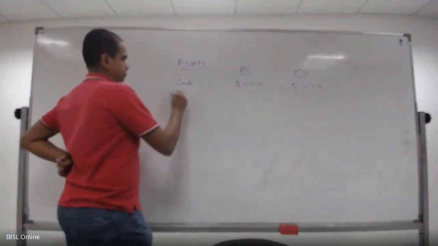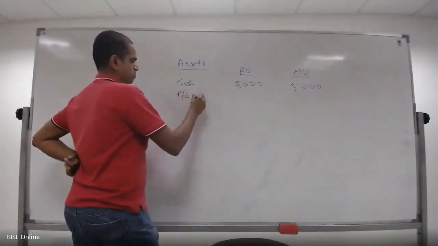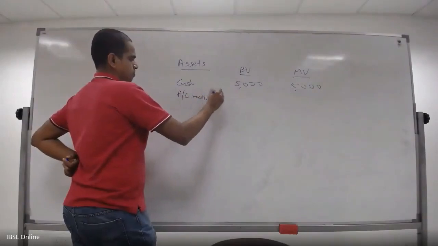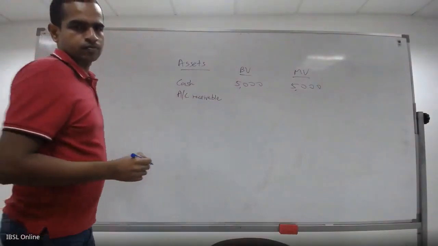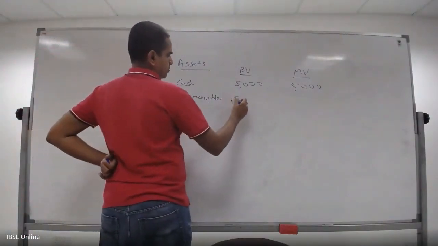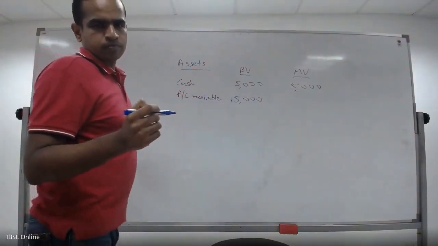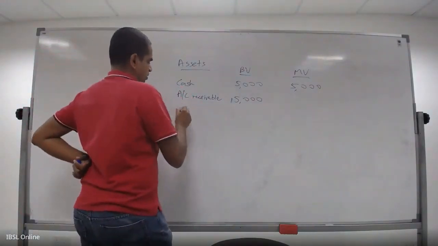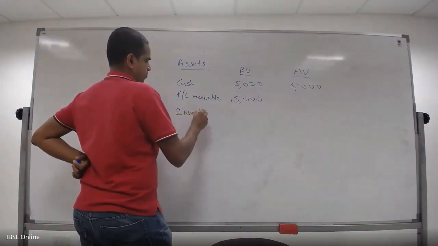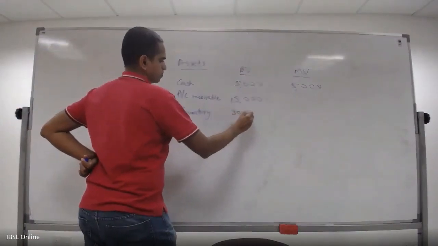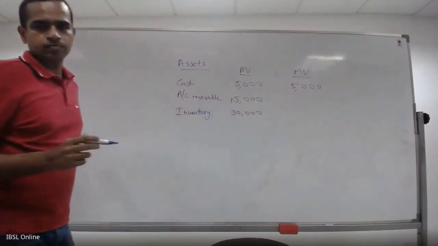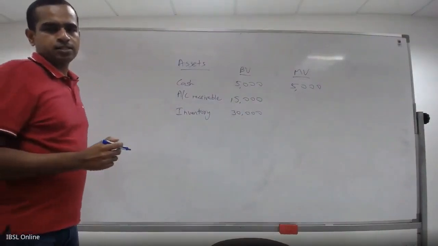Accounts receivable: $15,000. Inventory: 30,000. Net fixed assets: 70,000.